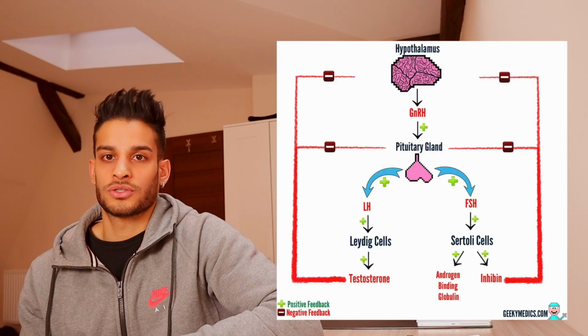When this is released in the bloodstream, it acts on the receptors in the anterior pituitary gland by intracellular signaling. The receptors tell the anterior pituitary gland to produce more LH and FSH, luteinizing hormone and follicle stimulating hormone. And the luteinizing hormone is the most important for testosterone production.